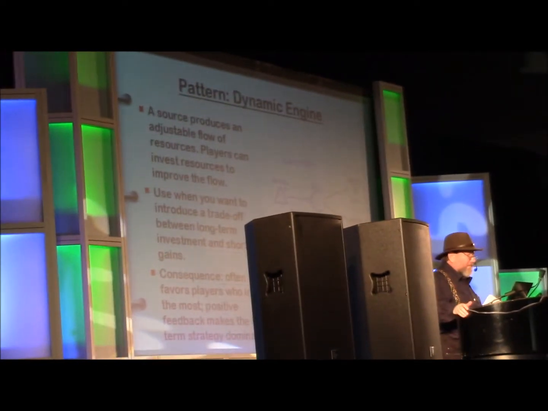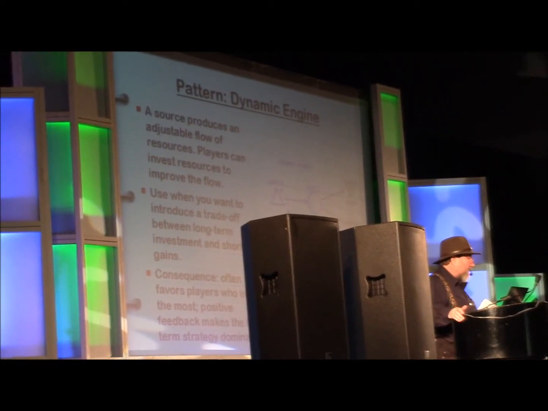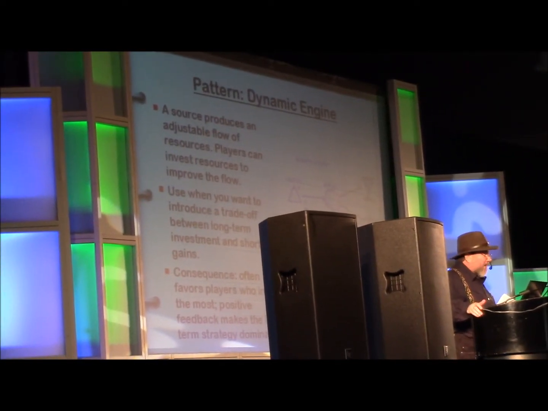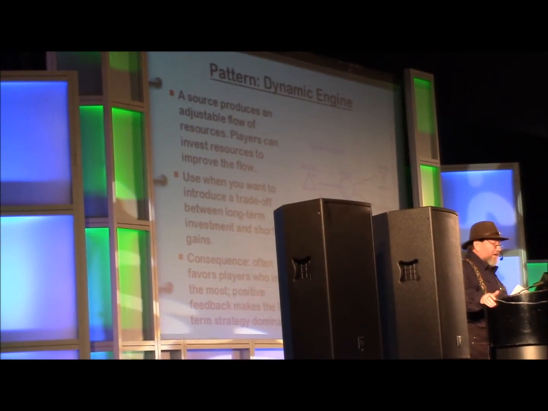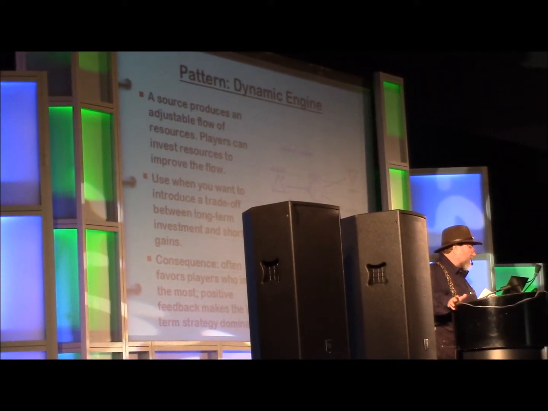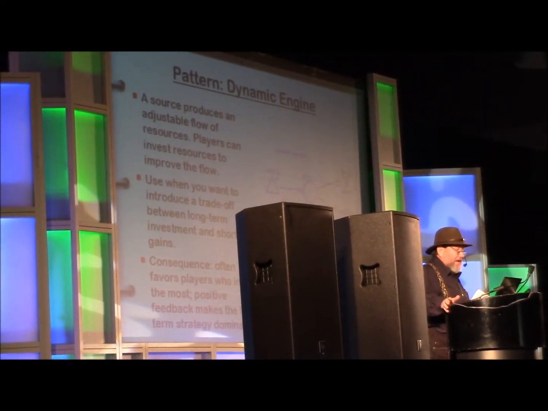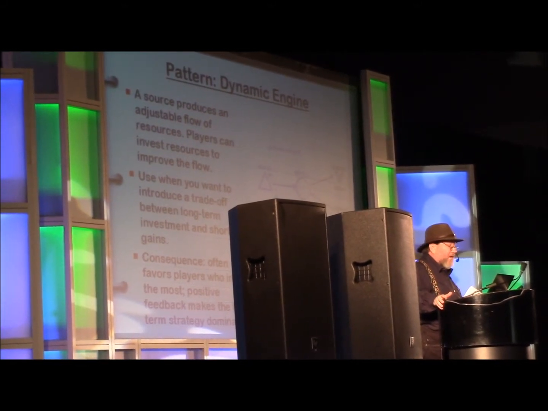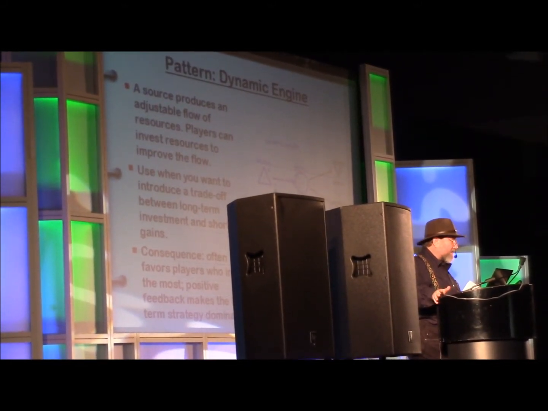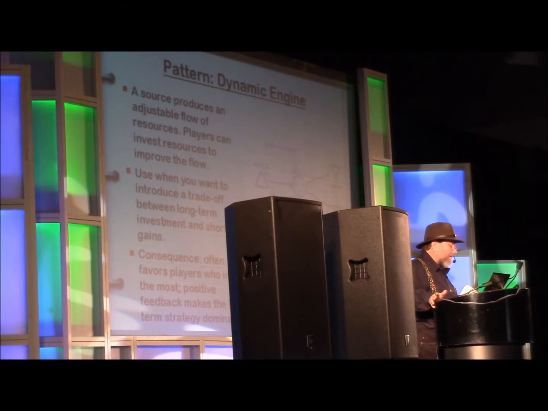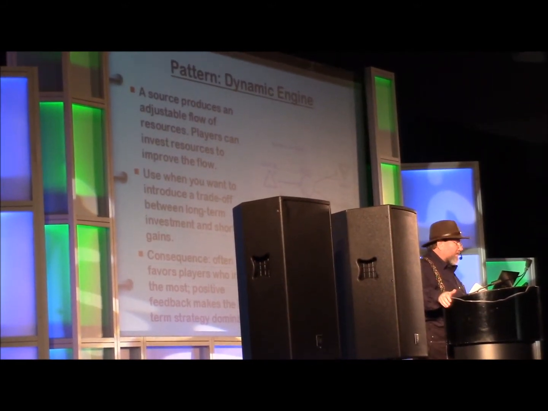So one of them is the dynamic engine. This is the classic positive feedback loop engine that we find in so many games. You have a source that produces energy or something valuable of some kind, and you have the choice of draining that off with various actions that are outside the dynamic engine, so you use the energy for something else, or you can invest in upgrades.